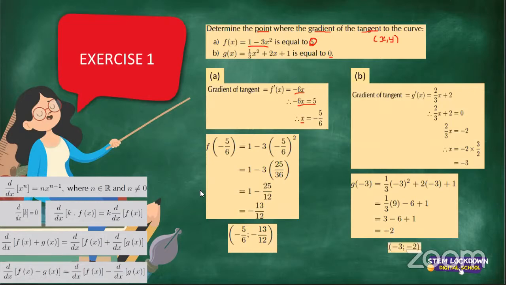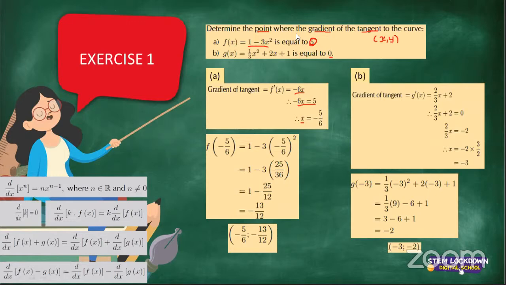Okay. So do you guys have questions? Okay, so you were basically supposed to find a point where your tangent passes. So a point is represented by a value of x and a corresponding value of y.